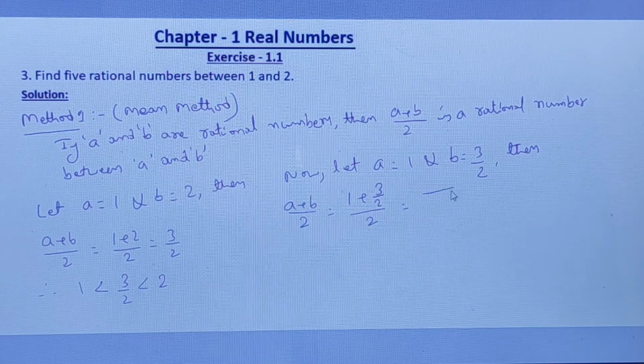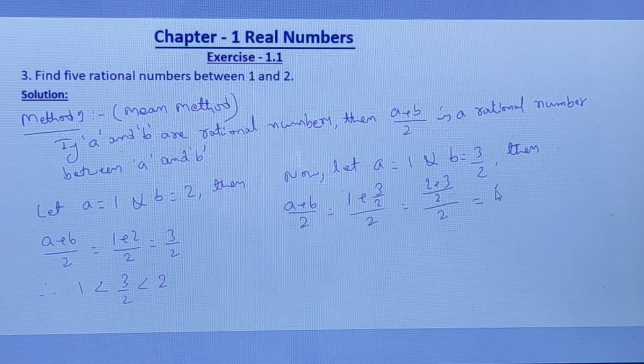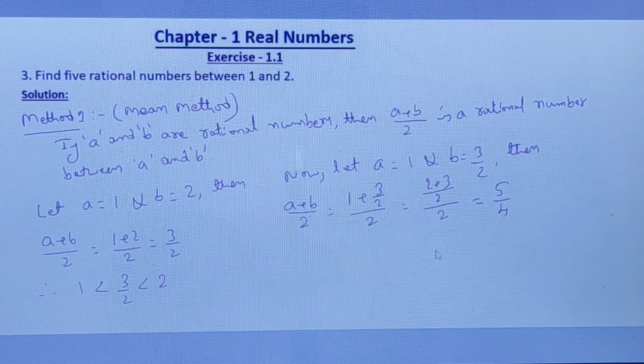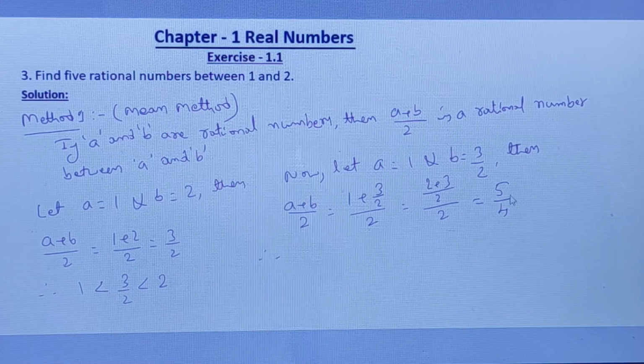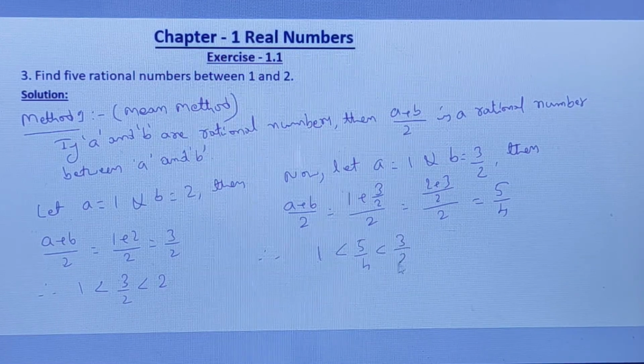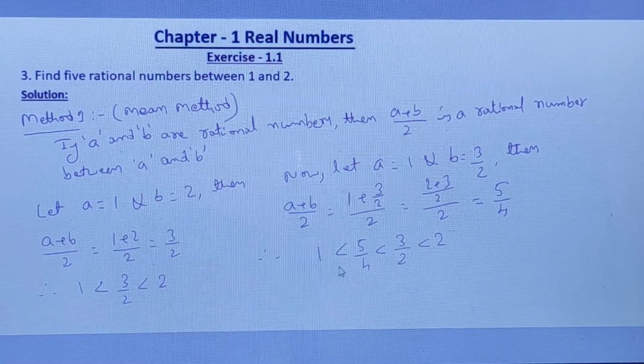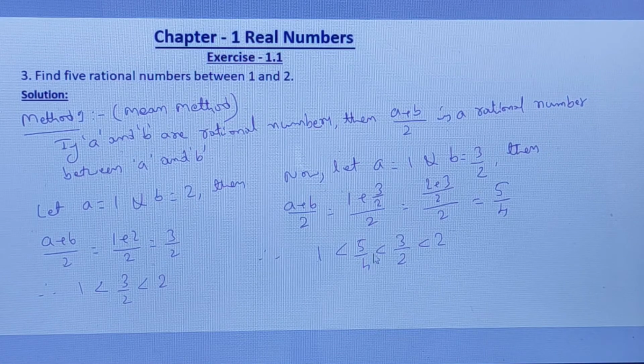So LCM is 2. So this is (2 plus 3) by 2 divided by 2. This is 5 by 4. Therefore, 5 by 4 is a number between 1 and 3 by 2. So 1 is less than 5 by 4 is less than 3 by 2 is less than 2. Next, still we have to find 3 more numbers.